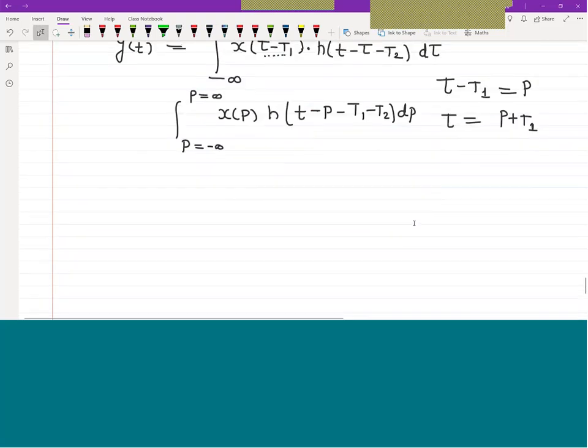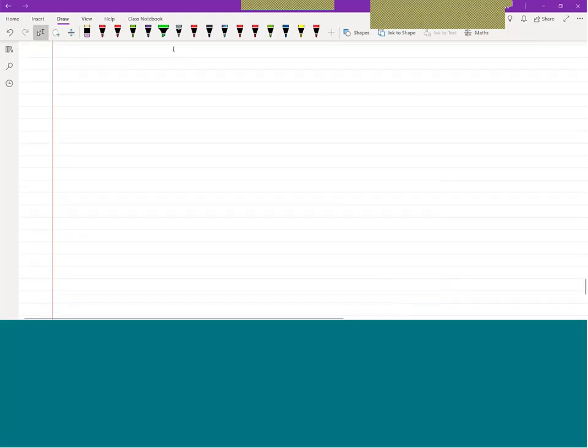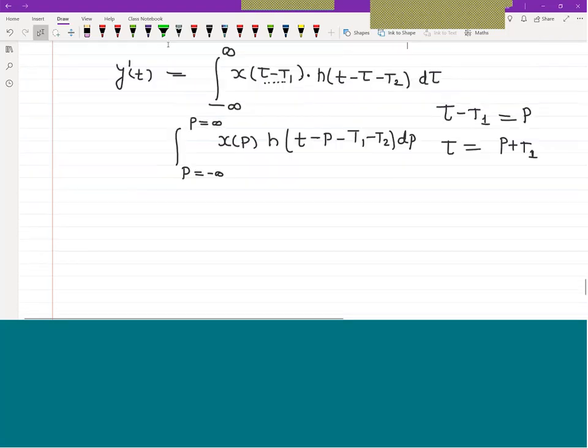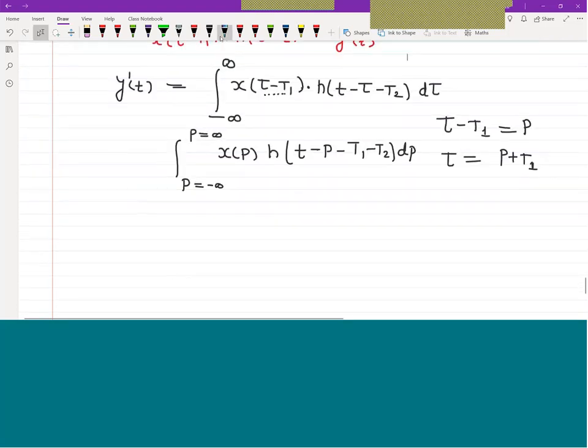Now let's rearrange this. This is the integration from p equal to minus infinity to p equal to infinity of x of p into h of t minus p. Now what is the new t? It is t minus t1 minus t2 minus p into dp.